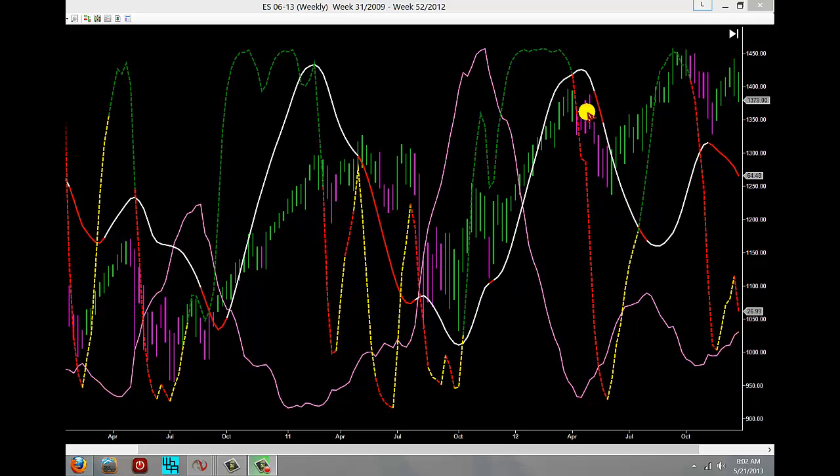Then it starts moving up with this down move here, and then starts moving down again as the weekly range narrows in through here.